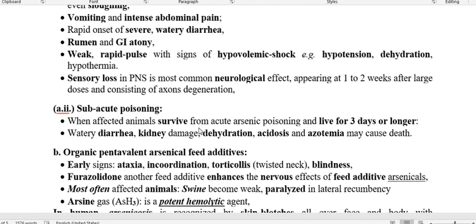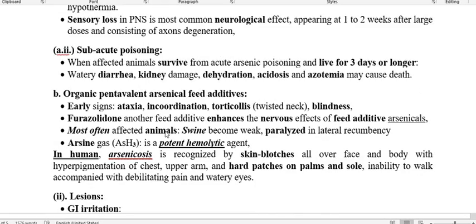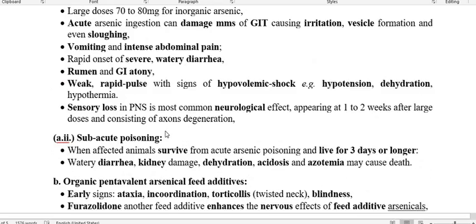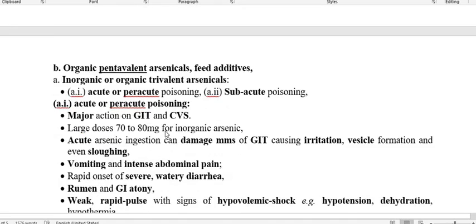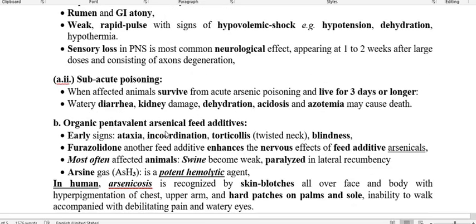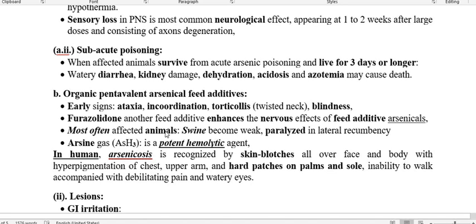The symptoms are the same, but because the arsenic gets absorbed, it reaches the kidney and produces kidney damage, and because of the diarrhea there is dehydration, acidosis, and azotemia. So this is about the subacute poisoning symptoms with the inorganic or organic trivalent arsenical.